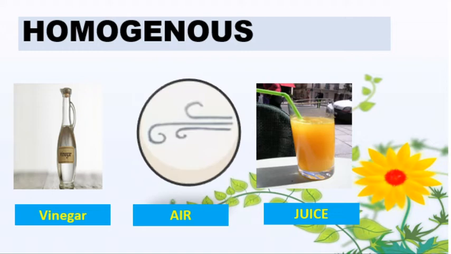Moreover, mixing water and vinegar is also a homogeneous mixture because they mix evenly. How about air? Yes, air without clouds is homogeneous. Air is a mixture of gaseous substances: nitrogen, oxygen, and other substances like hydrogen and helium. Juice is homogeneous when the juice powder is mixed in the water.